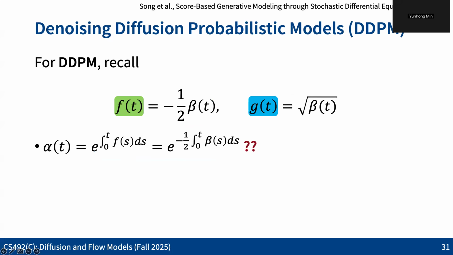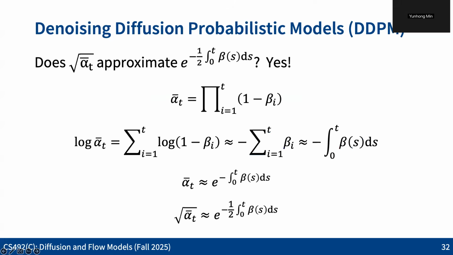So the alpha_t function, the coefficient for the x0 in the forward jump distribution, should be this exponential form precisely in the continuous domain, not a product. But the product is also a good approximation of the exponential function.